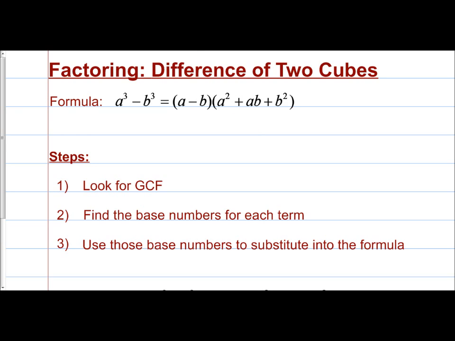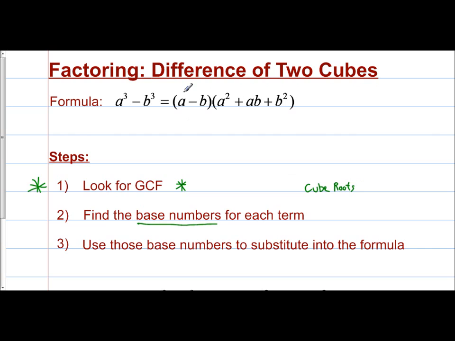When we're applying this technique, let's keep these factoring steps in mind. Always, every problem, doesn't matter what we're doing, you have to look for GCF first. Then you want to find the base numbers, which refers to finding the cube roots.